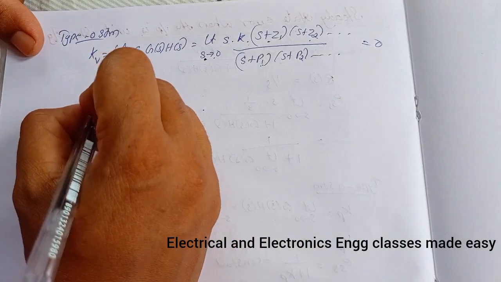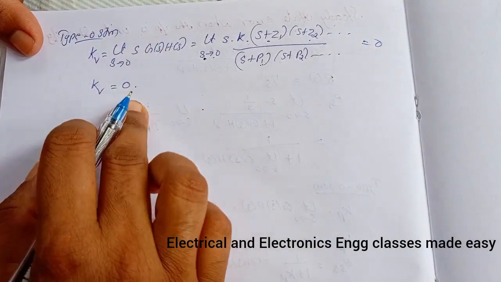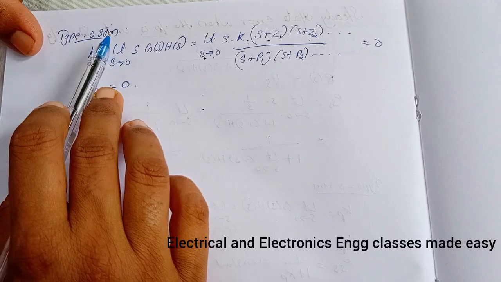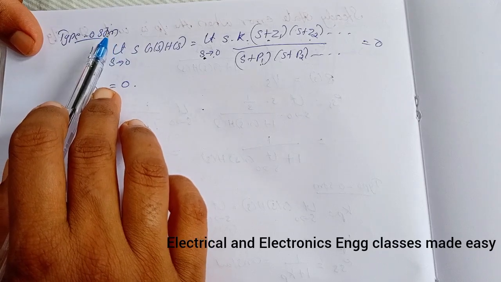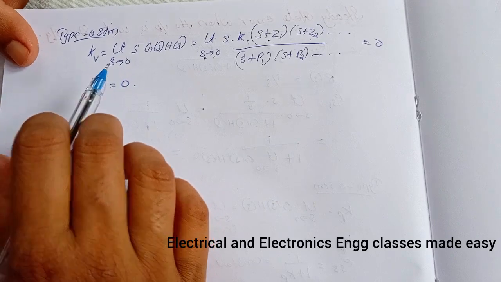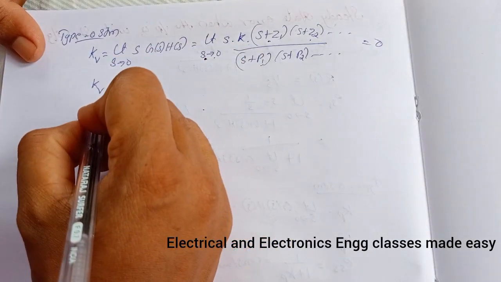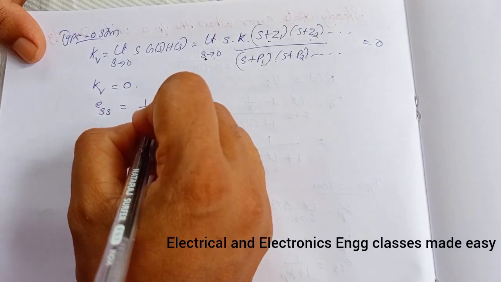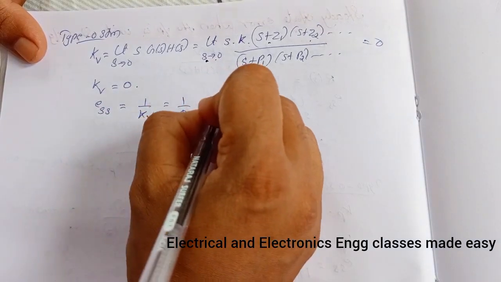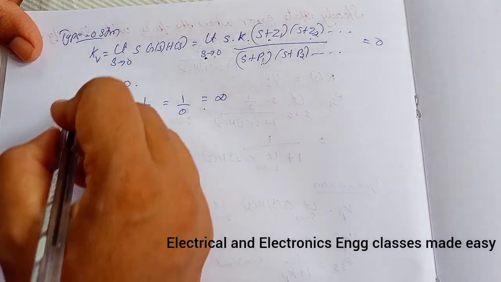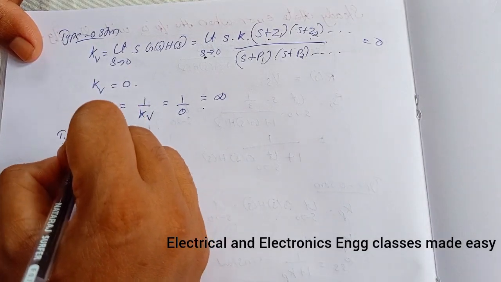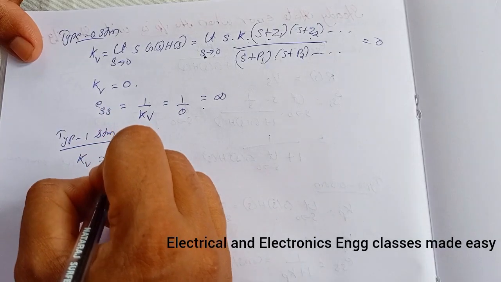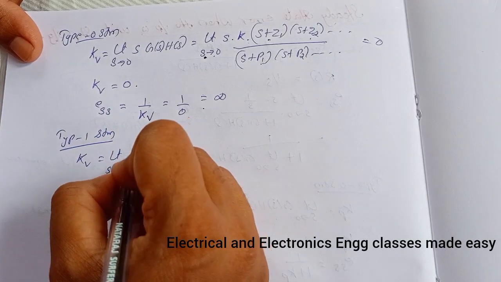So Kv is equal to 0 for a type 0 system when the input is a unit ramp signal, and the steady state error ESS is 1 divided by Kv, that is 1 by 0, which is infinity.